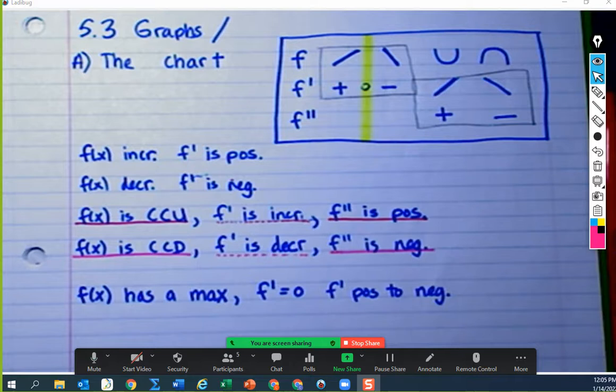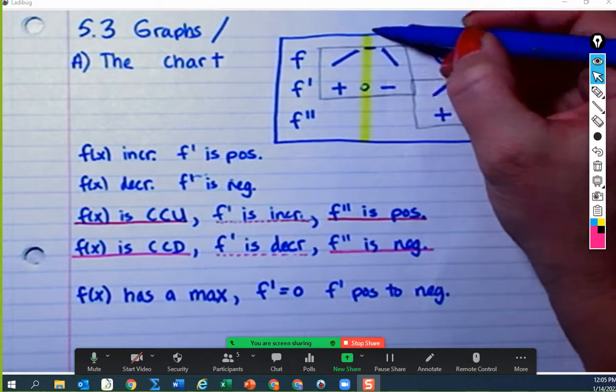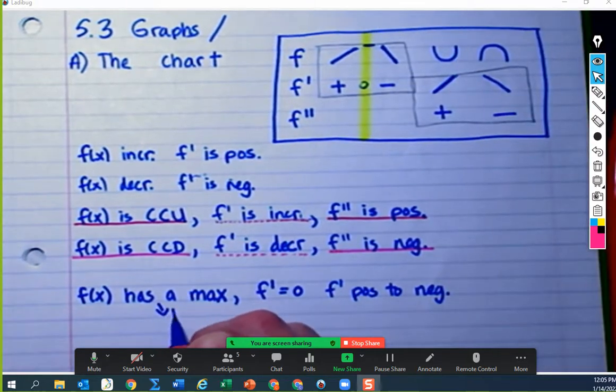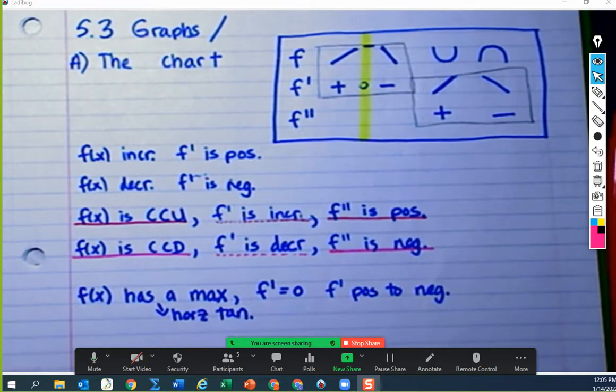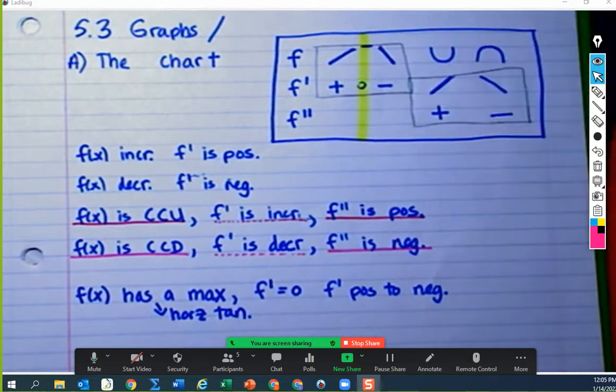Okay, those in-betweens, right? The columns still work. This is just a maximum. What's the tangent slope? This is a horizontal tangent. F of x has a horizontal tangent, same as a max or a min.